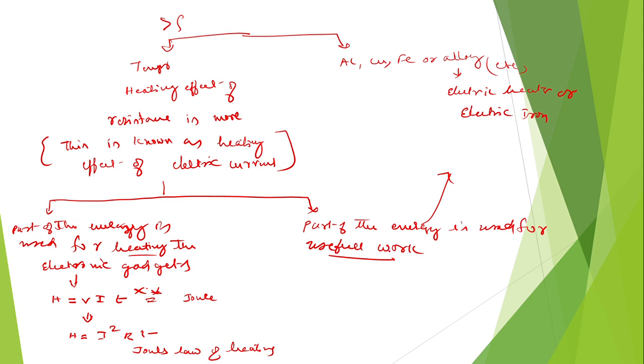So for this, how will we give the equation? P is equal to V into Q by T. So that is equal to V into I. I will put this one single mark.